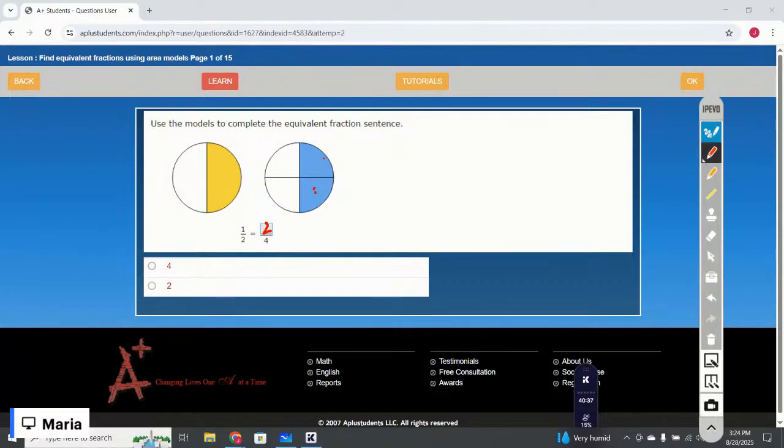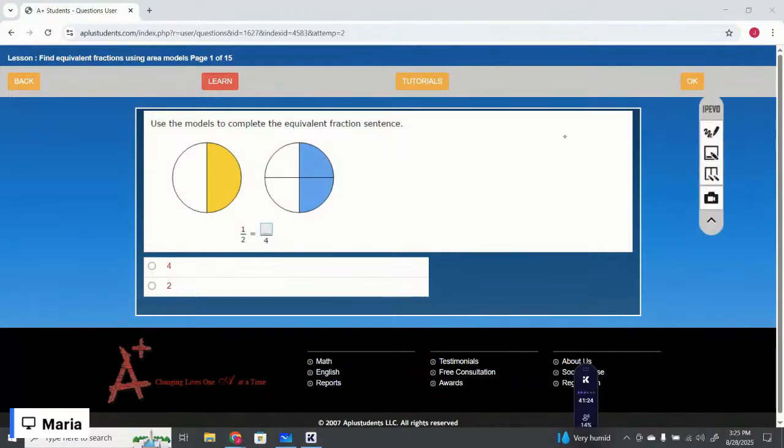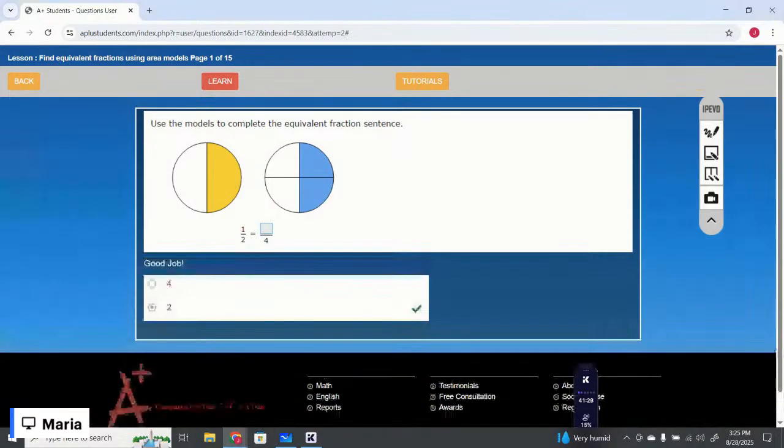The missing number is 2 out of 4. Option number 2 is the correct option.